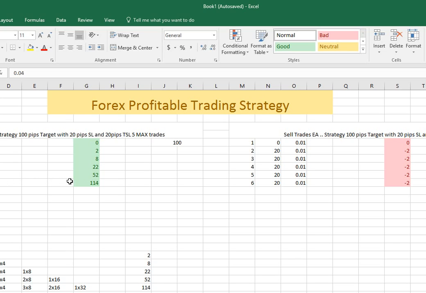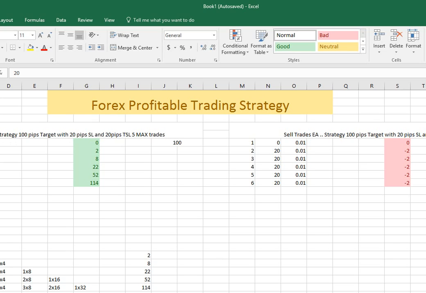As soon as the 100 pips target for our first trade is executed, we close our first trade and keep this sequence running. Each of these trades will have a 20 pips stop loss and a 20 pips trailing stop.